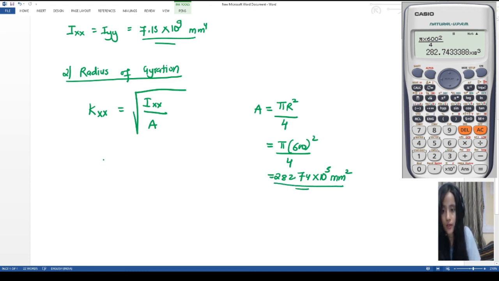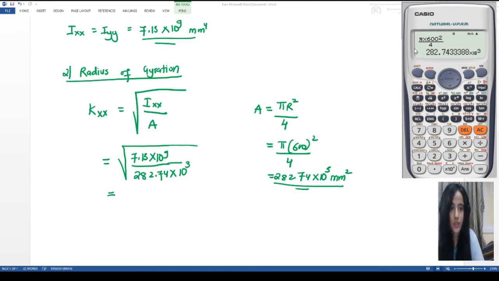Now let us find radius of gyration. Radius of gyration will be equal to kxx, root of 7.13 into 10 raised to power 9 divided by 282.74 into 10 raised to power 3, divided by its area.